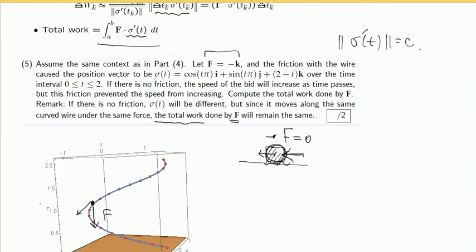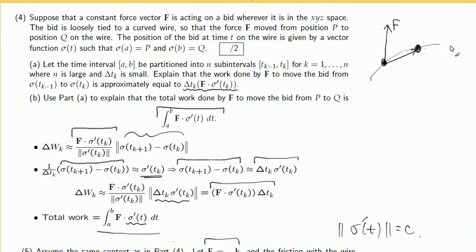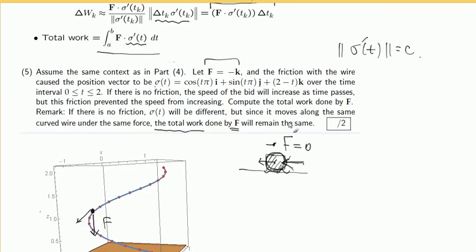But the early explanation is that it doesn't matter how you pass through, this work calculation, if you calculate it like this, is going to pick up exactly how much work is done by that force, one source of a force. The second source of a force I'm explaining here is the friction. So you completely isolate this one. Here's one source of the force, how much work is done by that?